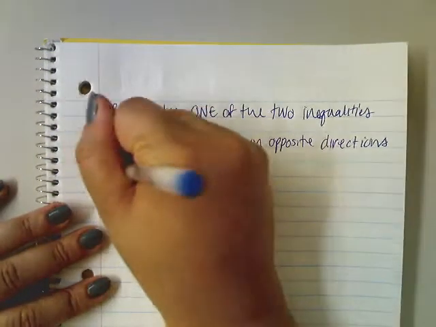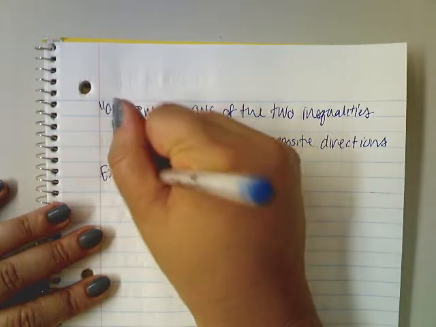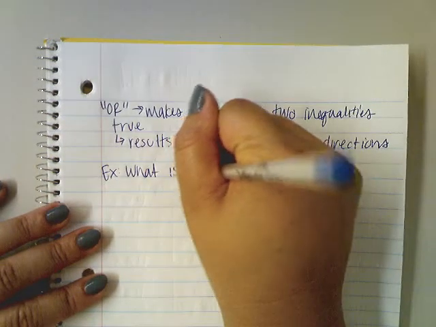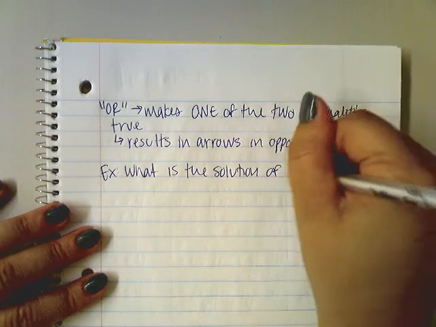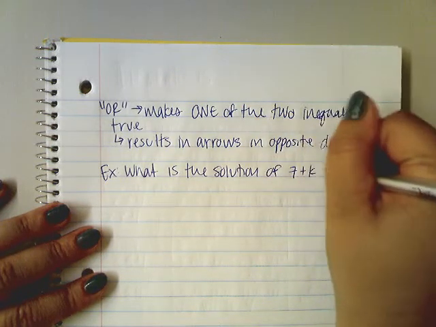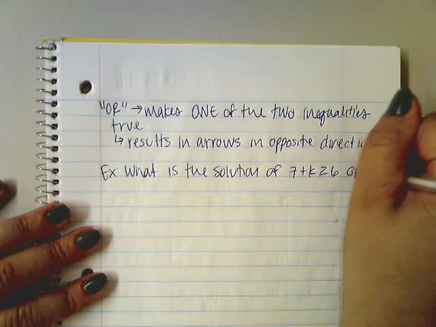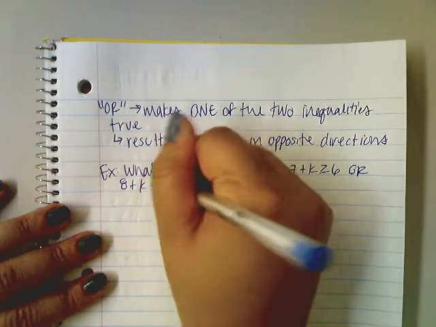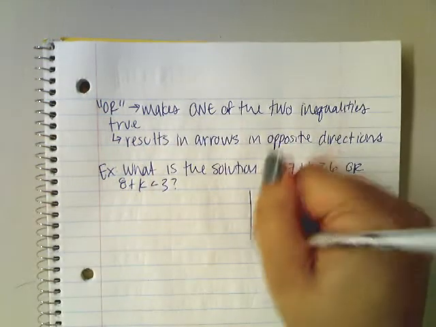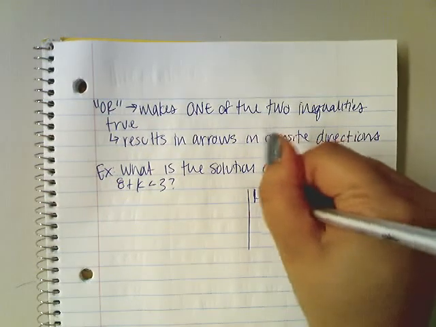So really quick example, I know this is taking more time than I had planned. What is the solution of 7 plus k is greater than or equal to 6, or 8 plus k is less than 3? So really quick, we're going to solve both inequalities.